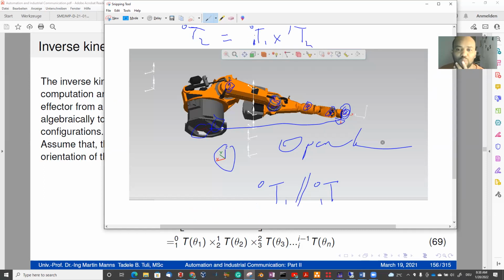Now if I'm required to compute the transformation matrix which goes from 1 to 2, this 1 to 2 should be obtained by inverting this one. So this means T of 1 to 2 can be calculated by inverting T 0 to 1, and then multiplying with T 0 to 2.